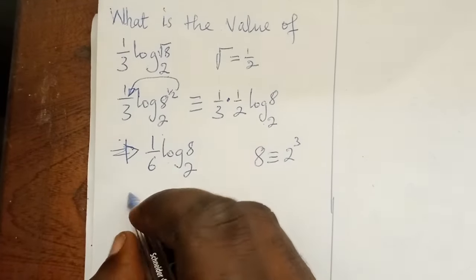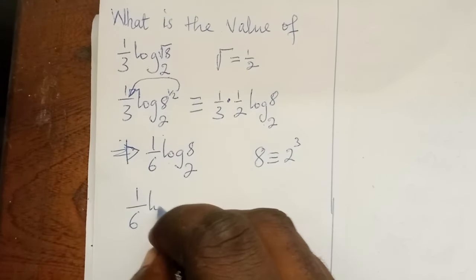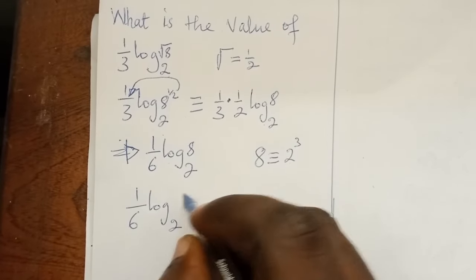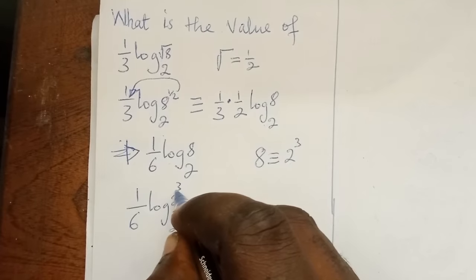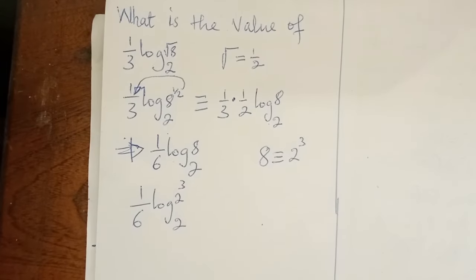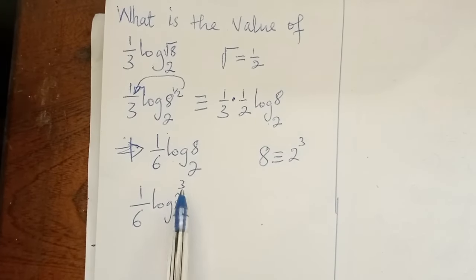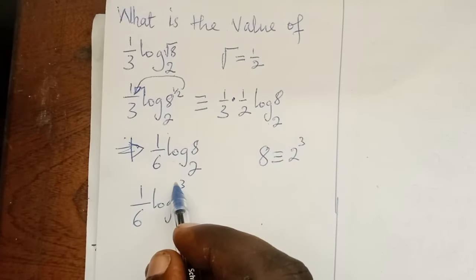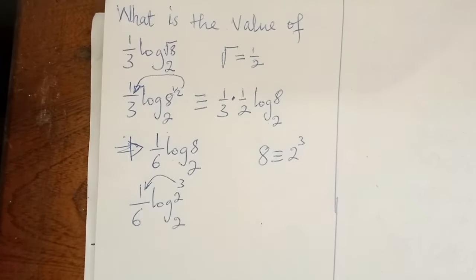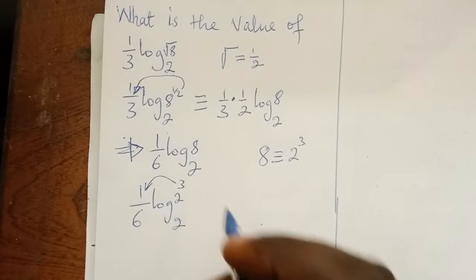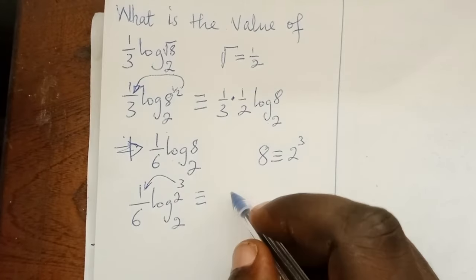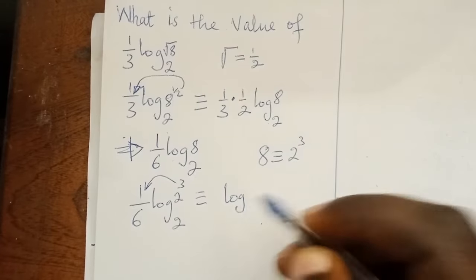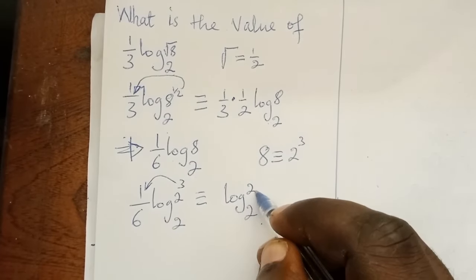So we are going to have 1/6 log 2 to the power 3. Now this is what we want to do here. Since we have 2 and 2 to the power 3, we are still going to do the same. This is the power here. We will still move this power to this side and allow it to just be log of 2, 2.